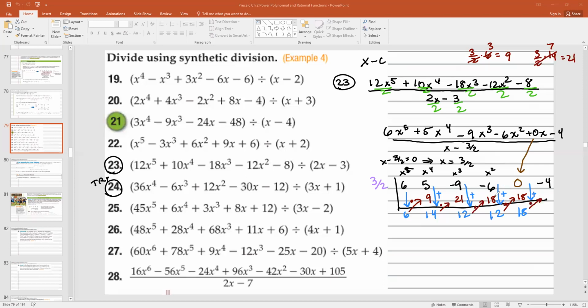So 18 divided by 2 is 9 times 3 is 27. And then add. Now this is our last one. This is our constant. So I'm going to put a box here to separate. That's our constant term. That's our remainder. -4 plus 27 is going to give us 23.